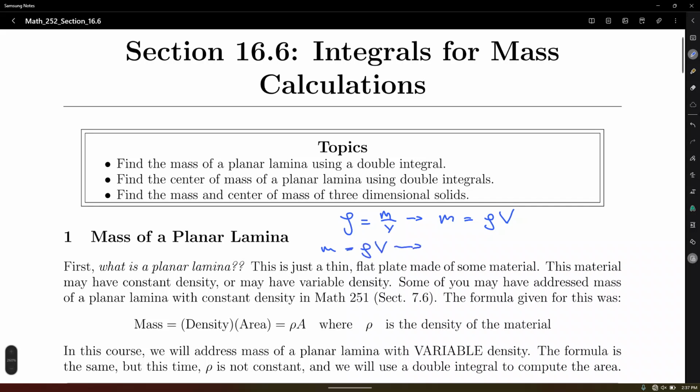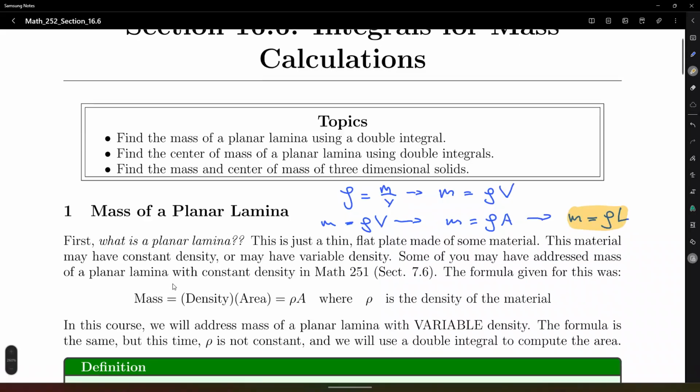That's the 3D version. If we go to the two-dimensional situation, the mass equals the density times the area. And if we make this one-dimensional, the mass equals density times the length. And actually, this is the one you are familiar with from calculus 2.